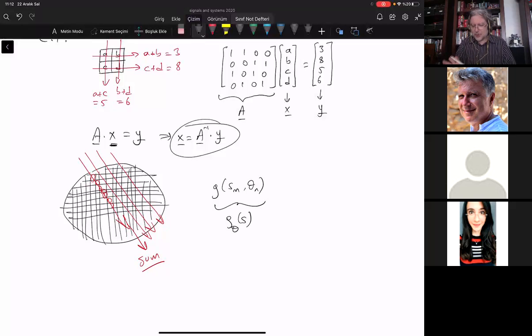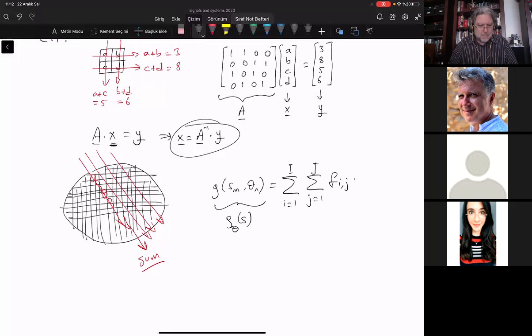So in order not to confuse, I write it like this, is equal to the sum over i from 1 to capital I, which is the size of the image in horizontal direction maybe, or vertical, and j from 1 to capital J, of F ij, the pixel value, times H ij.